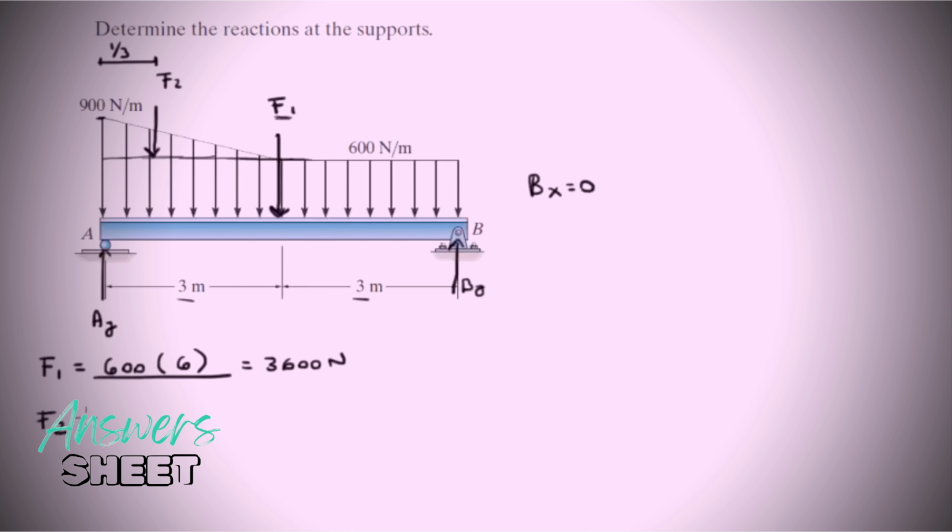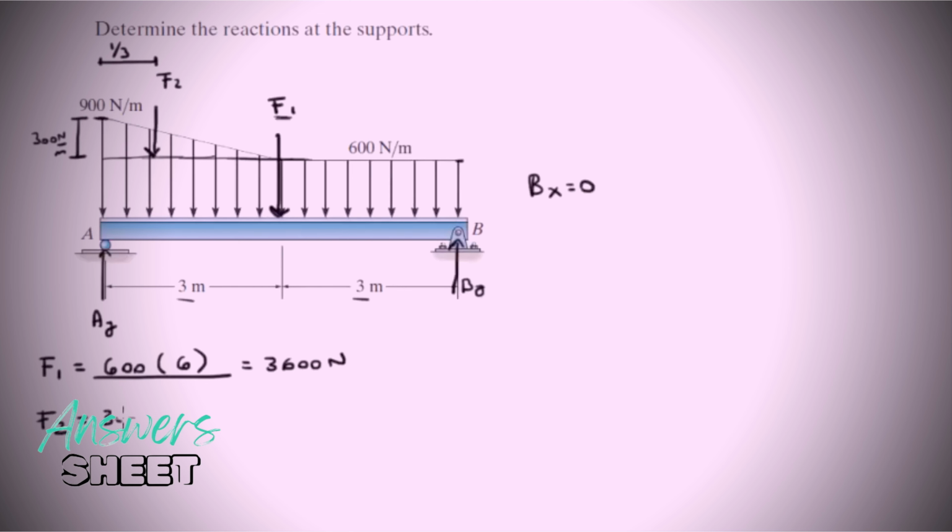F2 is the area of the triangle. Remember, you have to divide by 2 in the end. The area of the triangle is given by the height of the triangle, so from here to here is 300 newtons per meter, because this is 900 and this is 600, so from here to here is 300.